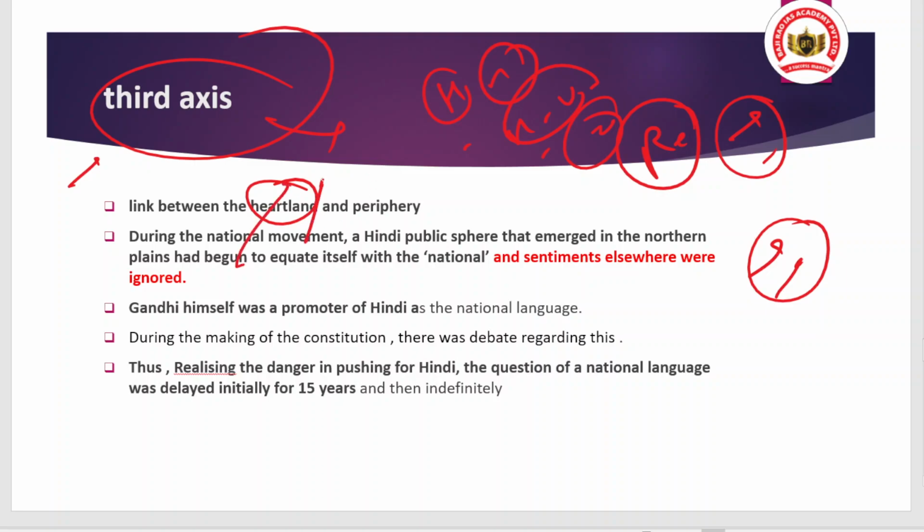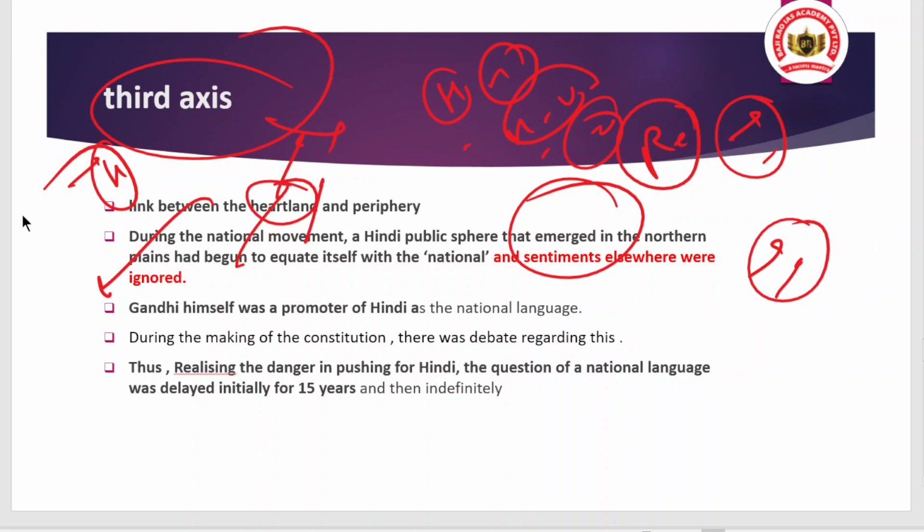Because if Hindi was promoted as the national language, the southern states would get upset, and that would not respect the sentiments of the southern states. So within the Constituent Assembly, Hindi was not declared the national language, but it was shifted to another period.